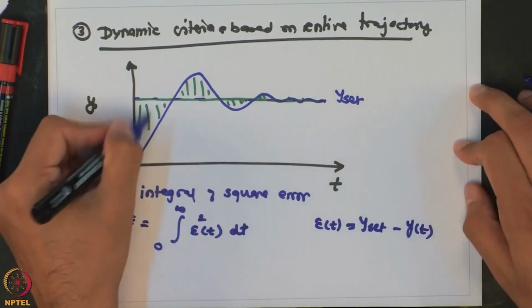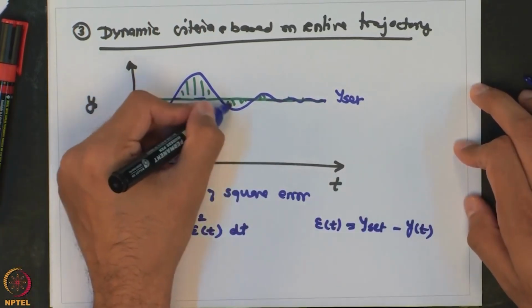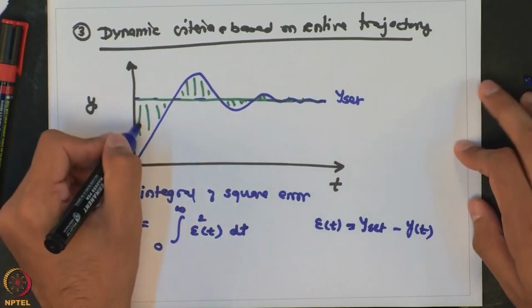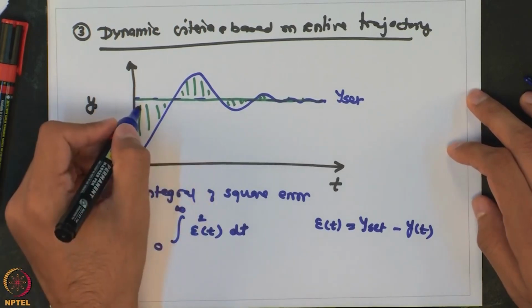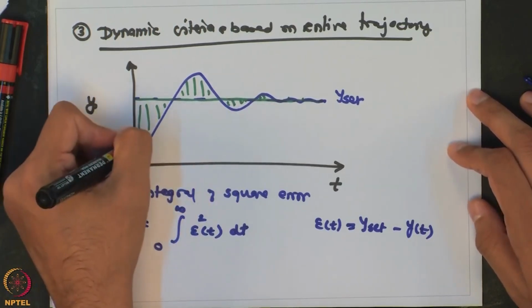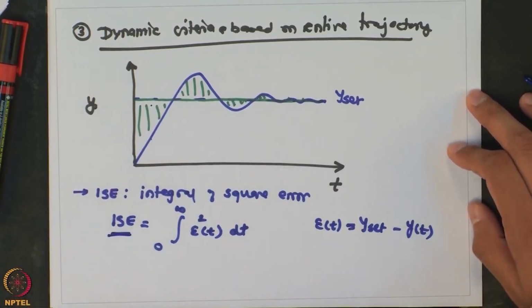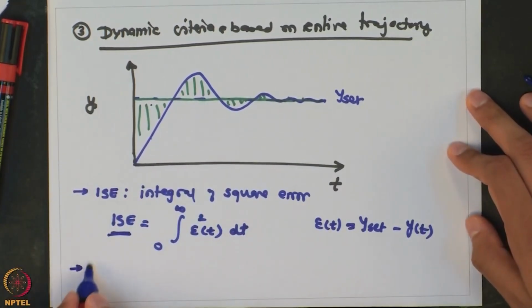So you would try to calculate how much is the overall deviation from this set point value as a function of trajectory. The more this trajectory is closer to the set point, smaller will be the integral of squared errors.